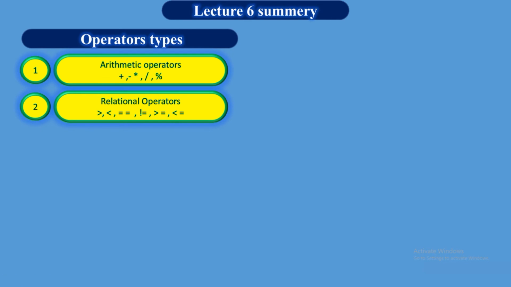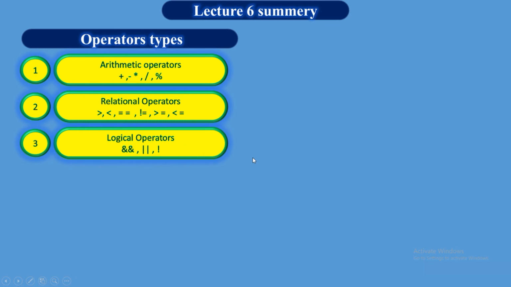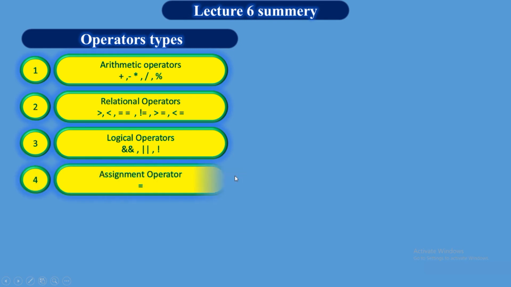We have relational operators: greater than, less than, equal to. For equal to we use double equal, then not equal to, greater than or equal to, less than or equal to. We have logical operators: and, or, not.